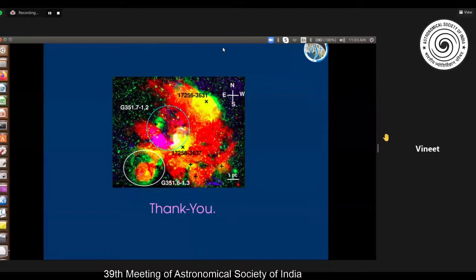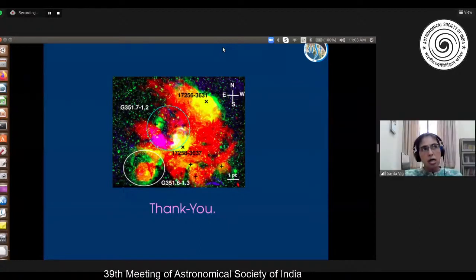Are there any observations which quantify the effect of turbulence? There are some observations also. I can't recollect now, but there are a few where people are trying to, because ultimately you need to quantify and calibrate them very well to see how much effect the protostellar star is causing to the turbulence.